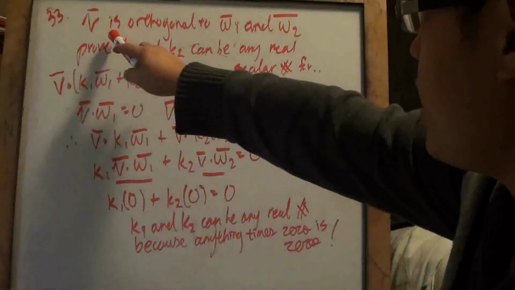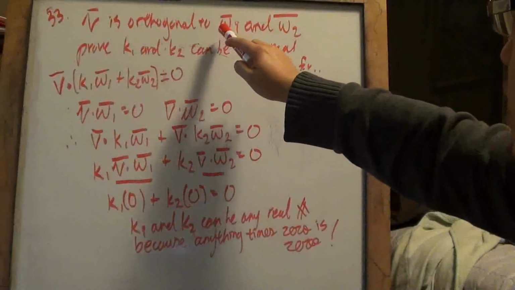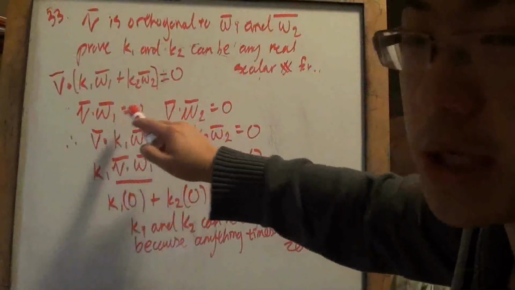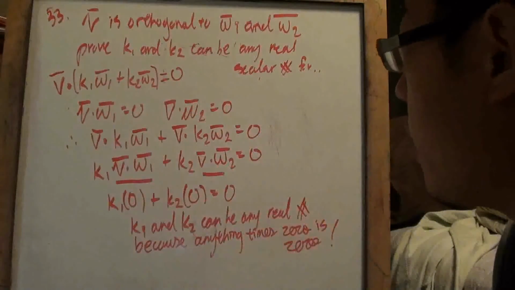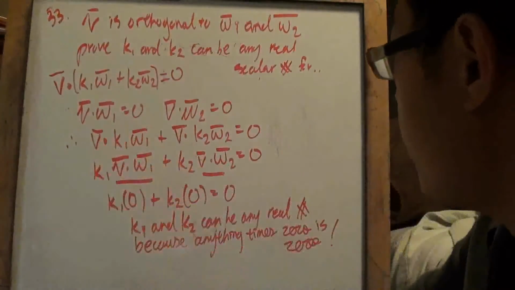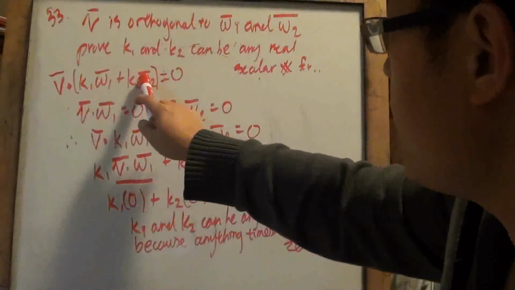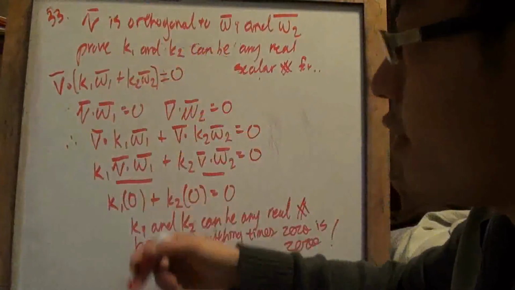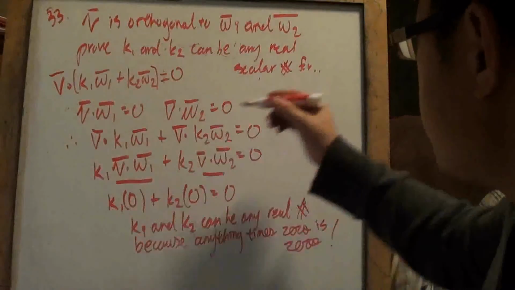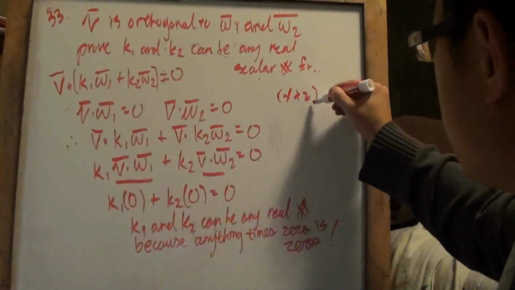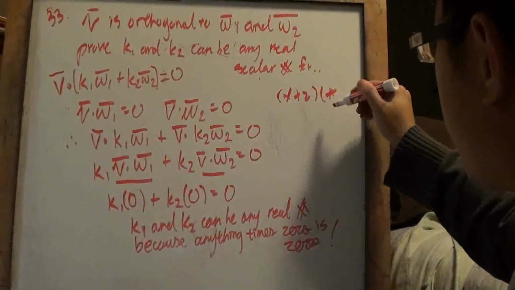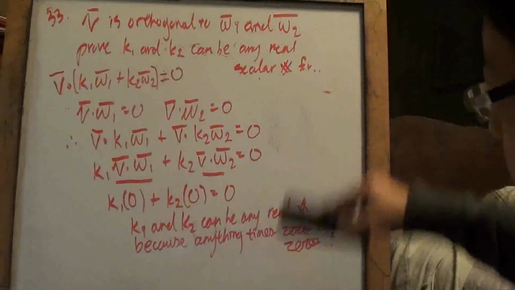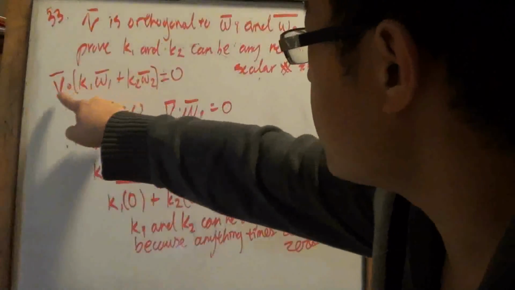Well, they already said vector v is orthogonal to vector w1 and w2, so we know these two must be true, because they're orthogonal. So let's go back to the original expression. It's the same thing as distributing, like when you simplify expressions, you multiply by this and multiply by that.